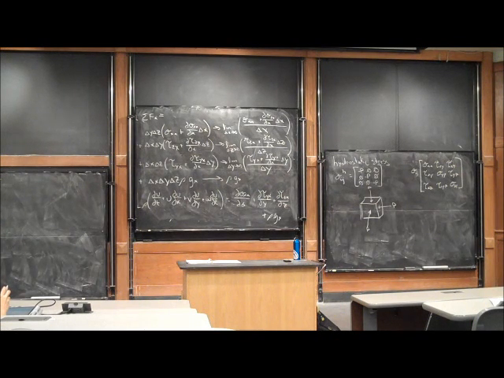The velocity distribution in this case was linear, going from 0 to some positive value u, and for Newtonian fluids that velocity gradient is linear.